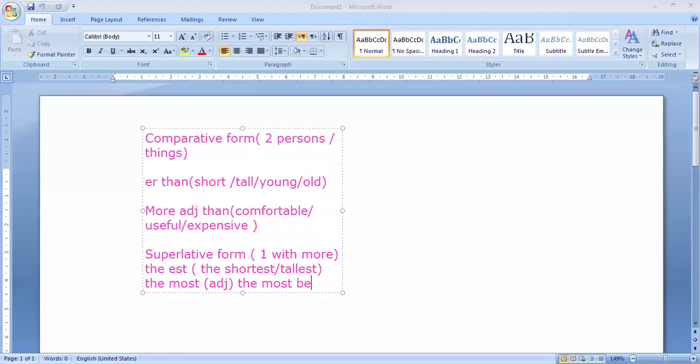You can say here most comfortable, most beautiful, most expensive, and so on.